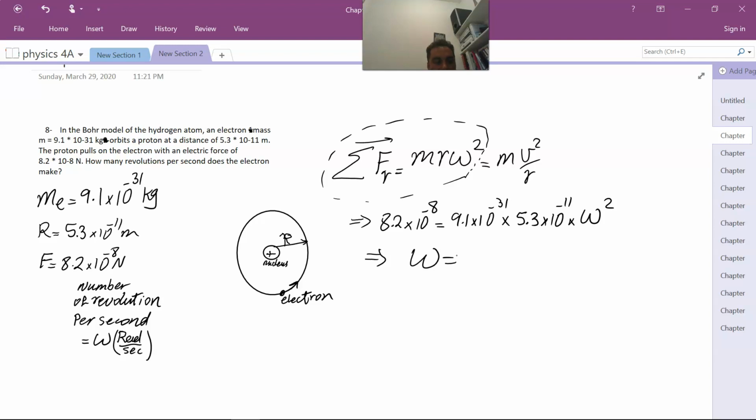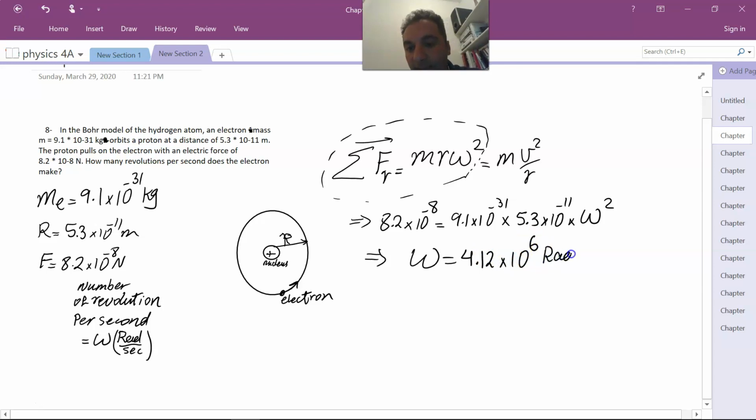Then take square root of that number, will be 4.12 times 10 to 16 radians per second.